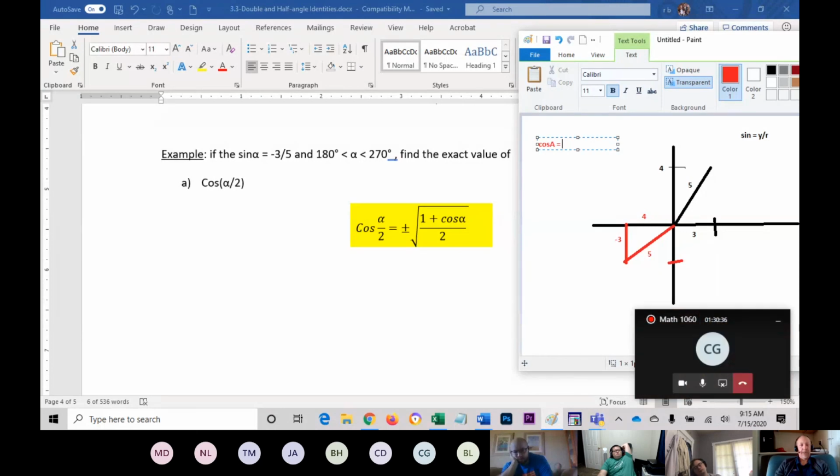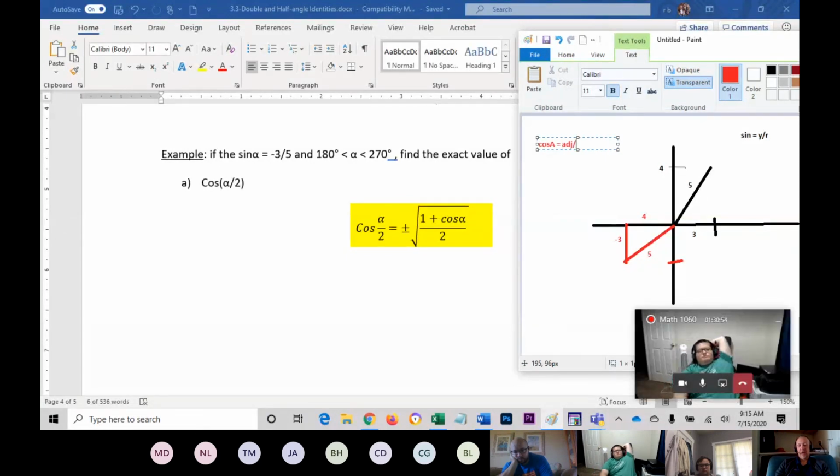Do you remember? I've got here sine. Sine is y over r. What's cosine? It's adjacent over the hypotenuse, or in this case, x over r. Do you remember that?